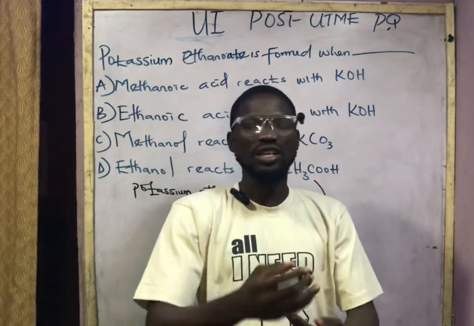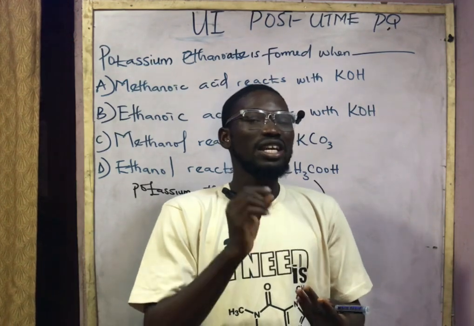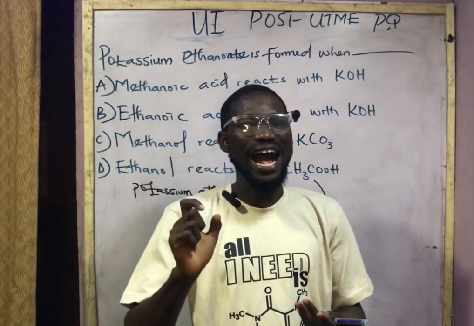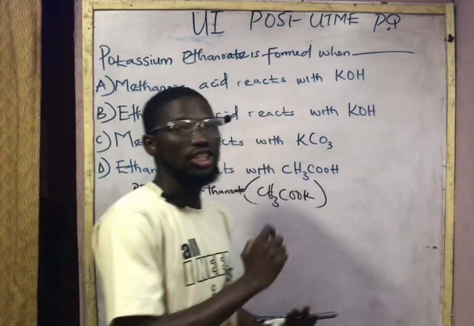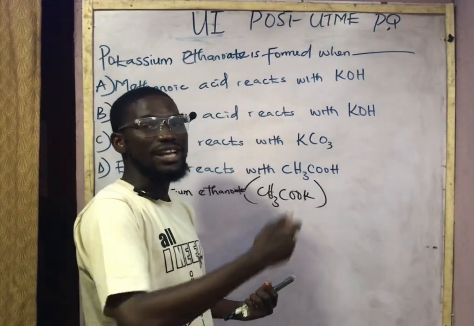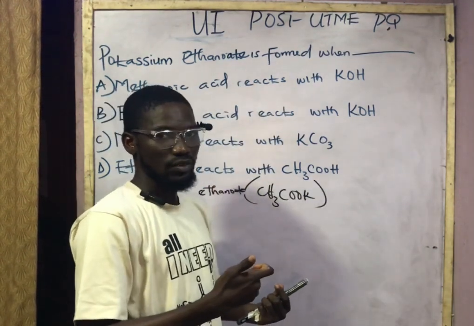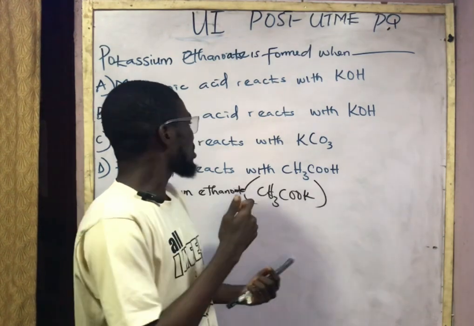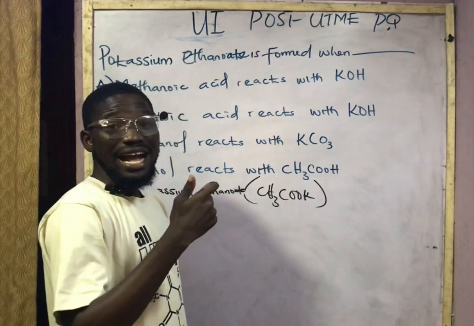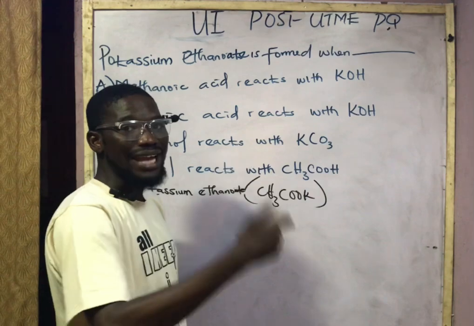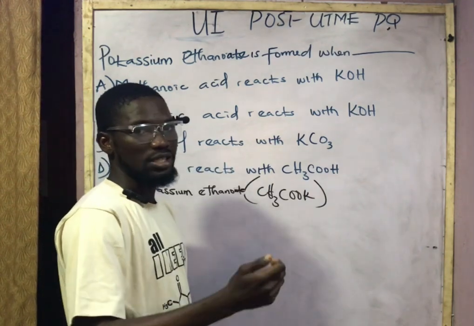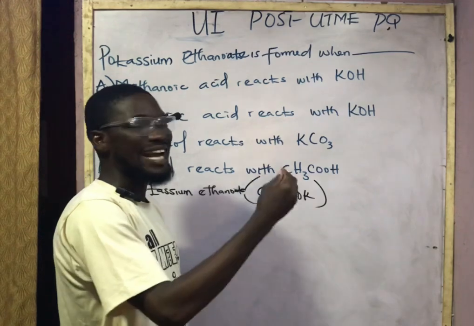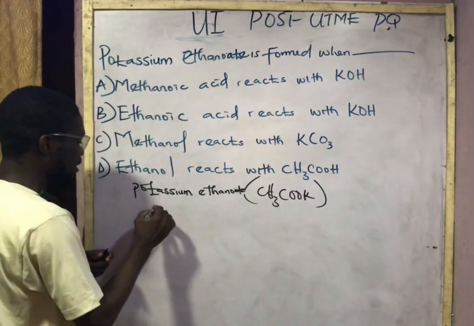How do you deduce this? Potassium ethanoate can easily be referred to as potassium acetate. And when we talk about this kind of reaction, we call it an acid-base neutralization reaction, because the acetic acid reacts with a potassium-containing base. I repeat, because the acetic acid, this is acetic acid.